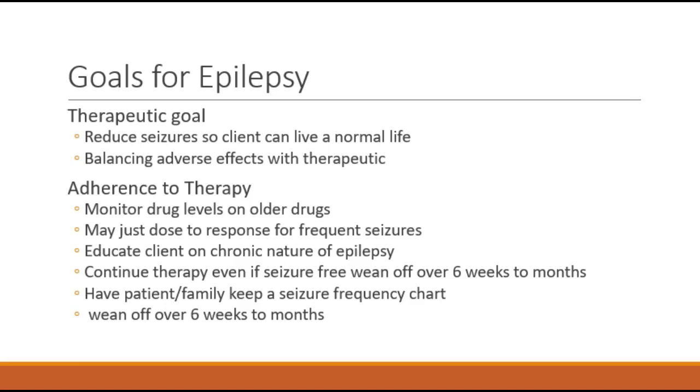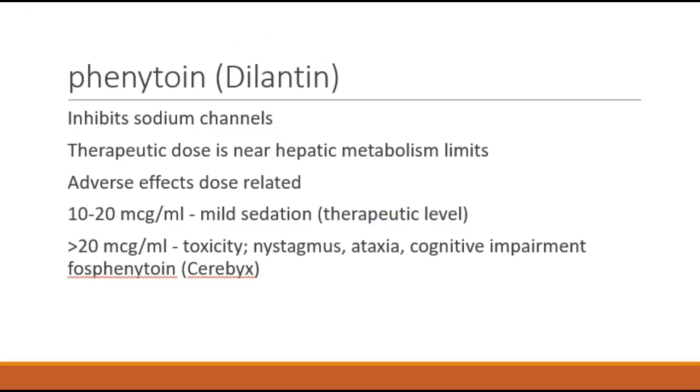The newer drugs, you get an increased dose or change to another drug if the Dilantin is not working and the therapeutic level is messed up. So you need to continue the therapy. Even if they're seizure-free, you wean them off over six weeks to months, and it's really important to keep that seizure diary so that you know where they're at with that.